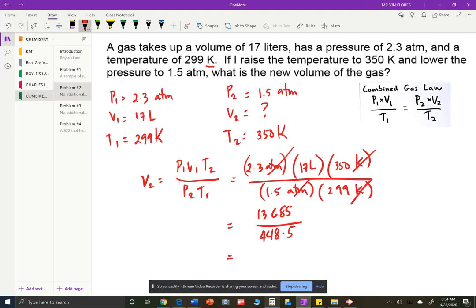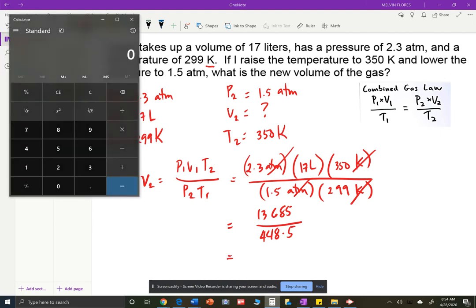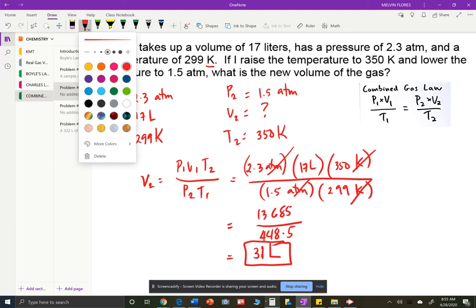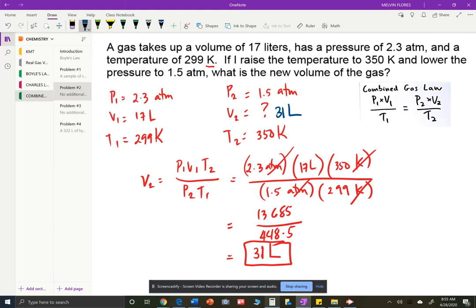And then we're going to divide these two. So that's 13,685 divided by 448.5. Then we'll get 31. So you have 31 liters. So that's going to be our new volume. Okay, so our new volume here is 31 liters.